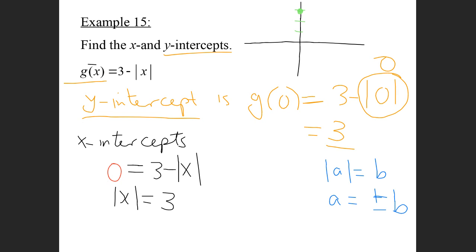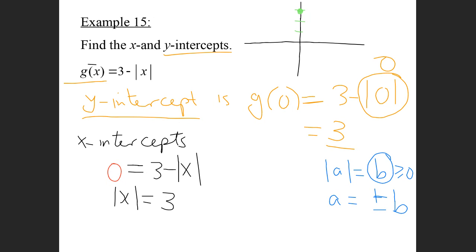Absolute value means positive and negative of the number. Provided there's a condition: b must be greater than or equal to 0, not a negative number. Absolute value doesn't take negative numbers. If I'm solving, for example, the absolute value of x equals -3, there's no solution. We're talking about 0 or a positive number.